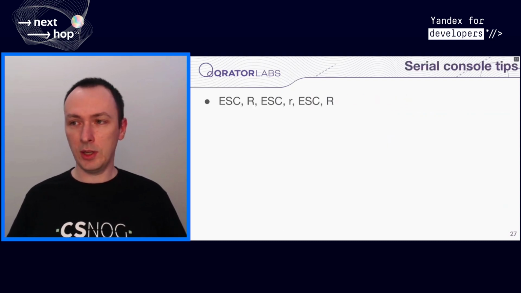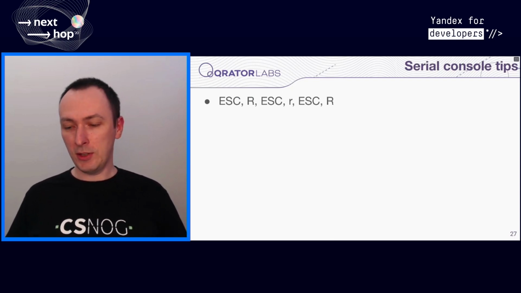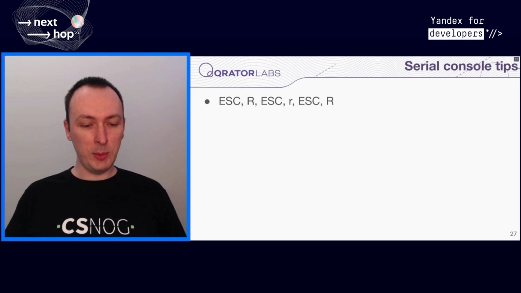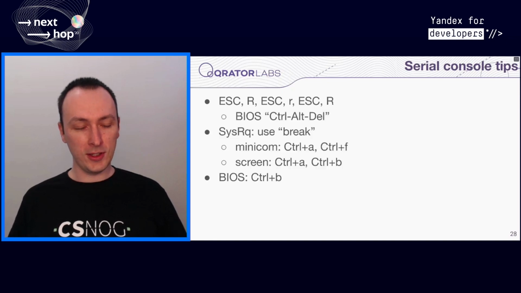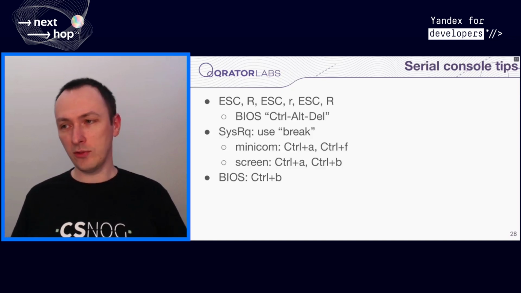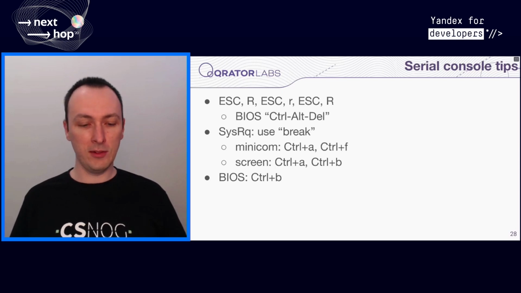And finally, for those who have some experience of working with serial console tips, if you think that this is actually a way out of Vim, that's true. This is a command for BIOS which actually equals Control Alt Delete.